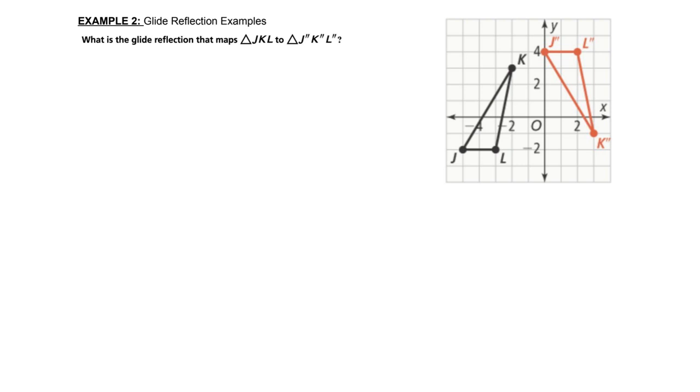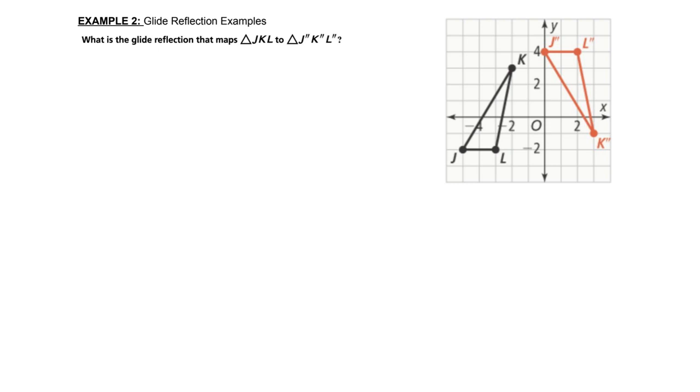All right, so let's look at some more examples of what glide reflection would move our JKL to J double prime, L double prime, K double prime. So first, to determine the glide reflection, let's work backwards.